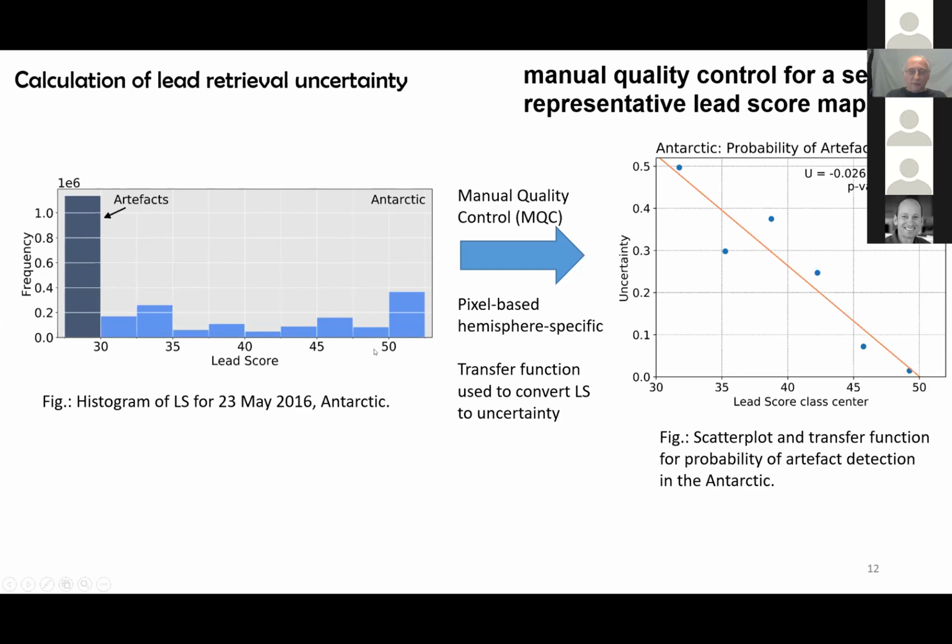And then we have the manual element here, that we took 6 lead score maps and made a manual quality control. About 10 persons did that independently. That was then combined, and then we can attribute the lead score to uncertainty from the manual quality control, and you see it's quite a good relation here. And we were also really surprised that it's that good.